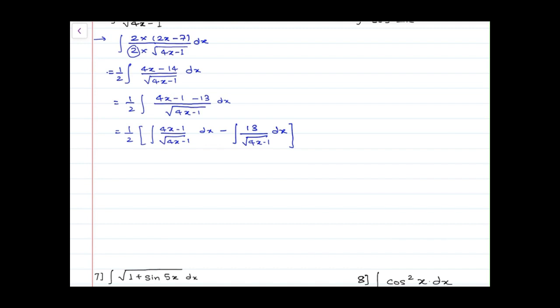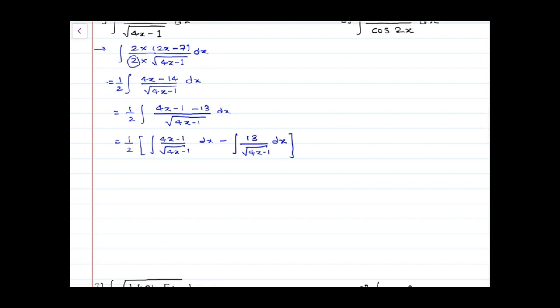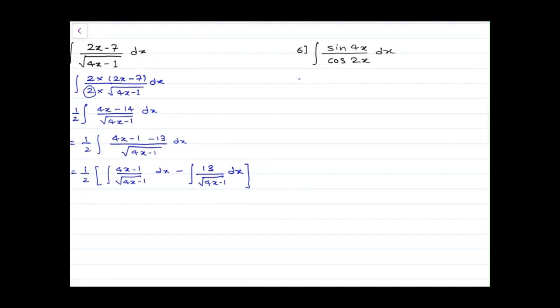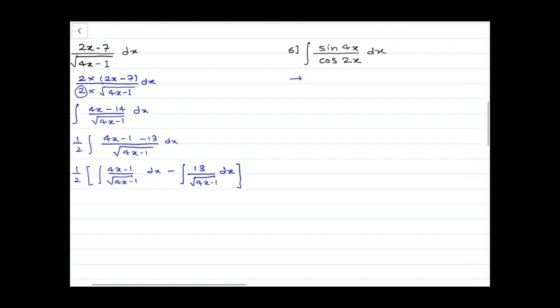You can keep it inside as well. And the brackets are very important here because half is multiplied with both the terms, right? So I need to use the brackets. Now you can further solve it similarly, right? It's simple, like the previous question.